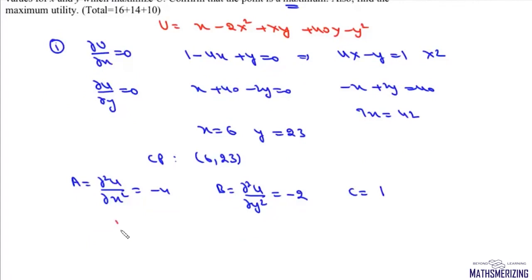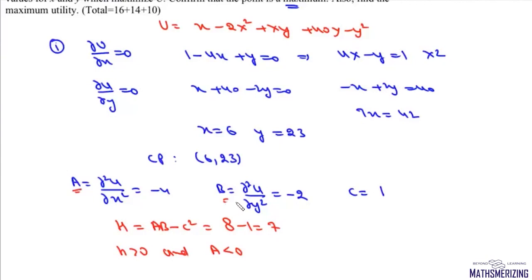Now we'll calculate the value of h. Now h simply is ab minus c square. Now ab in this case is 8. 8 minus 1, it is 7. So we have this condition where the value of h is greater than 0 and the value of a is less than 0. Now here there is one more thing that I would like to add. If you want, you can check the condition with b also.